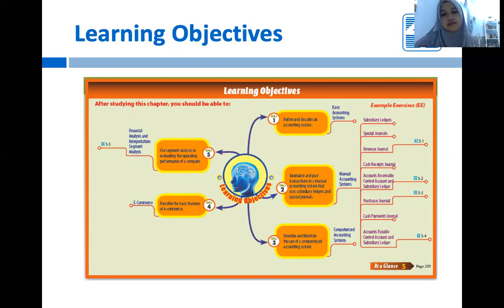But this time, we'll get into more specific concepts of subsidiary ledgers and special journals. Besides the manual accounting system, you'll be introduced to computerized accounting systems, a little bit about the analysis of financial statements, and also the basic features of e-commerce.